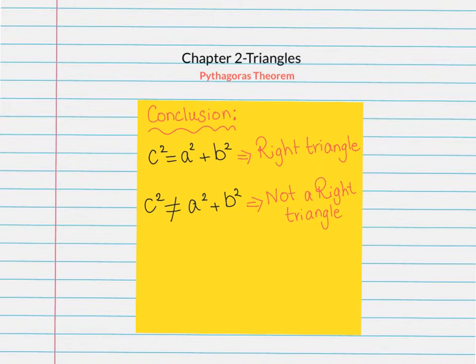We try it by choosing the longest length as c and the other two measures as a and b, and we test: is c squared equal to a squared plus b squared? If they are equal, definitely this triangle is a right triangle. If they are not equal, then the triangle that is given is not a right triangle.